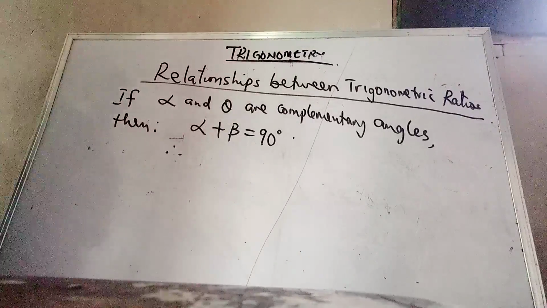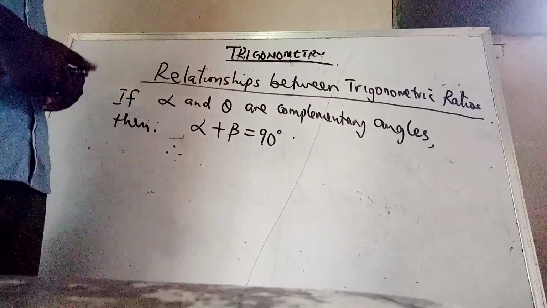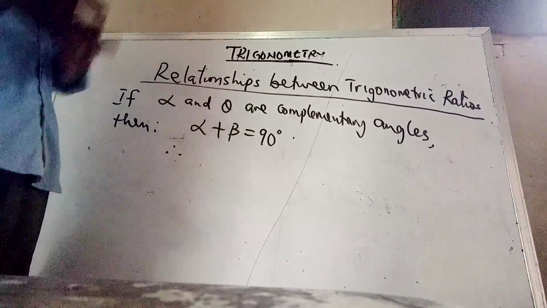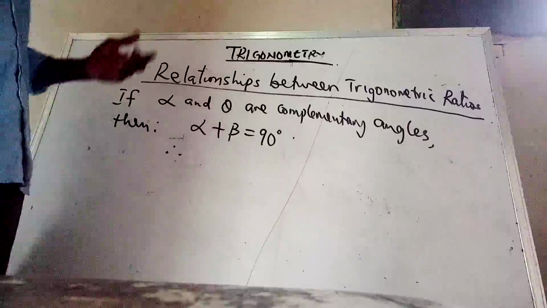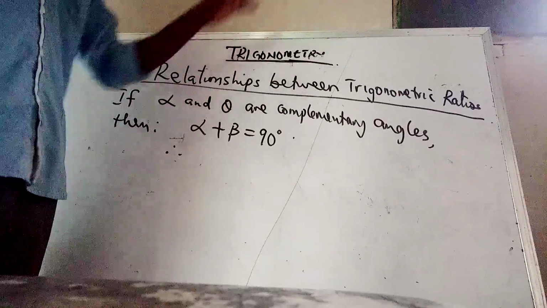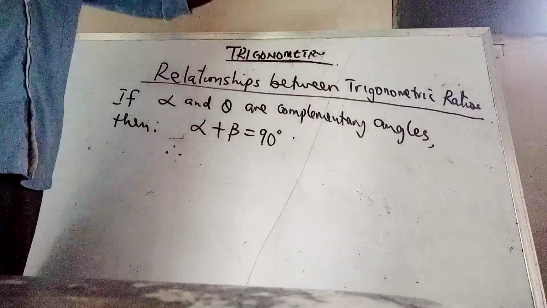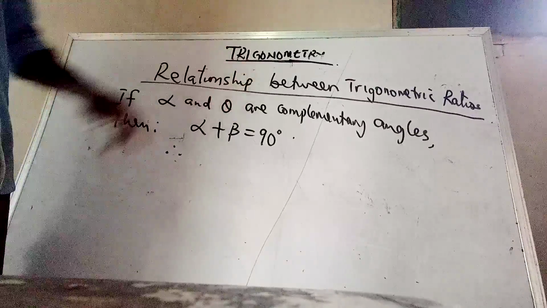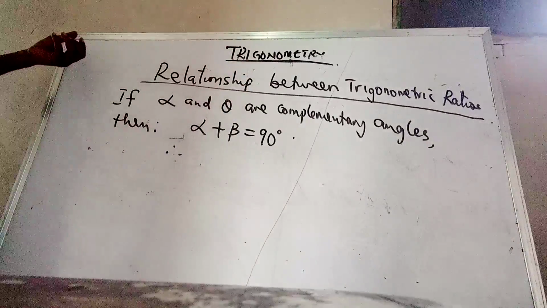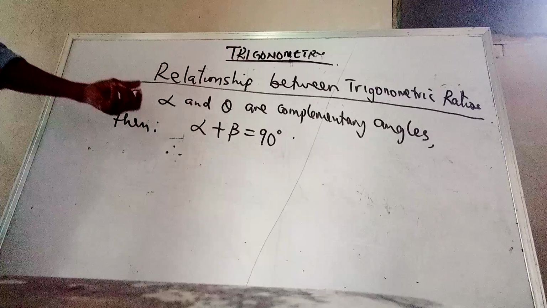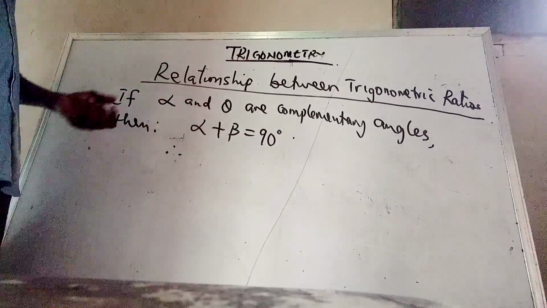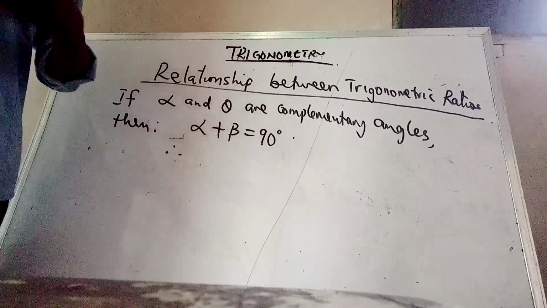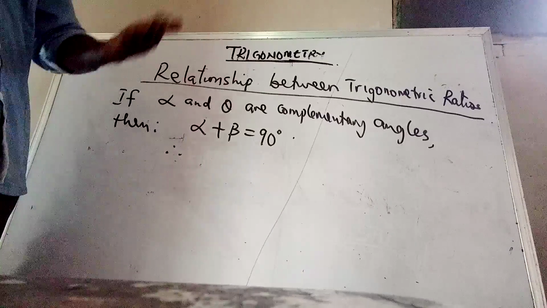Now, the next thing I want to talk about under this episode is the relationships between trigonometry ratios. I will start by letting you know that there are two angles that are called complementary angles.